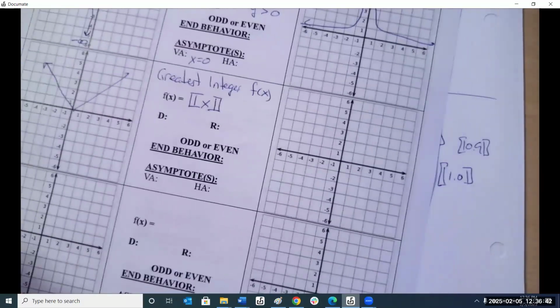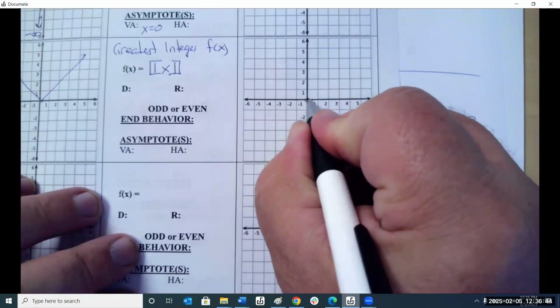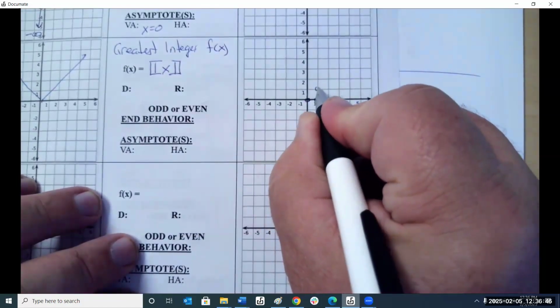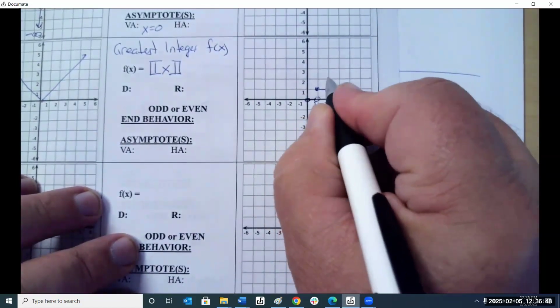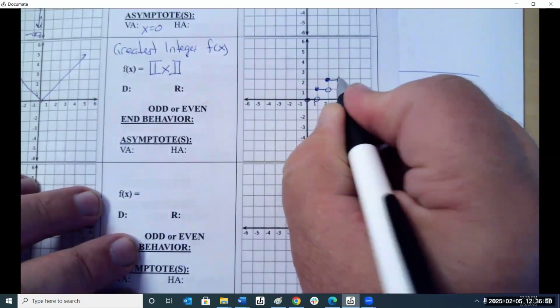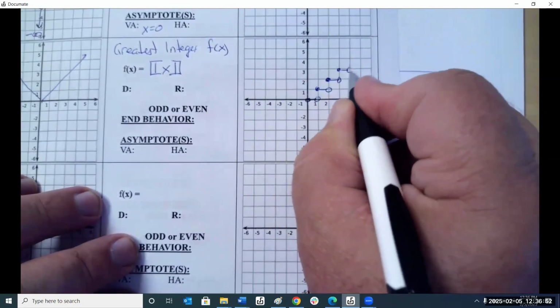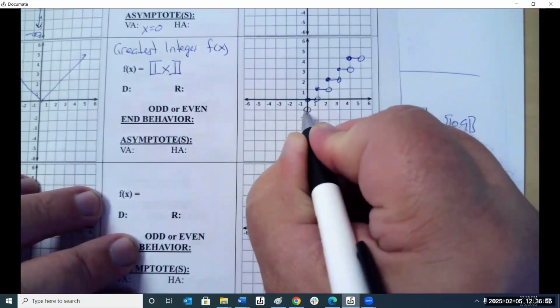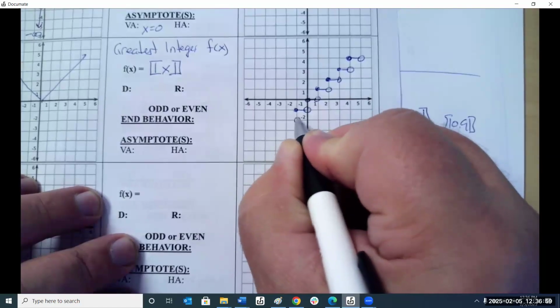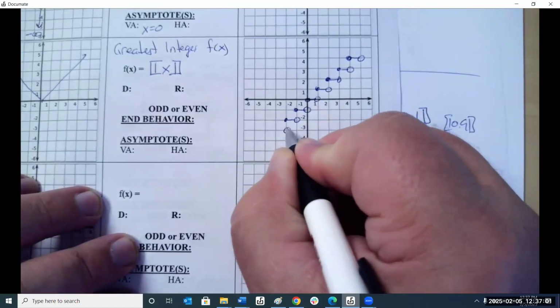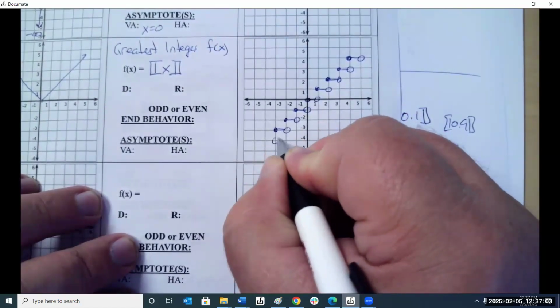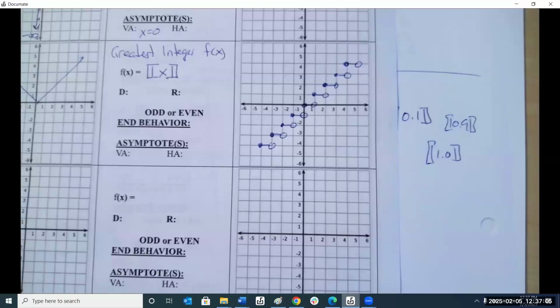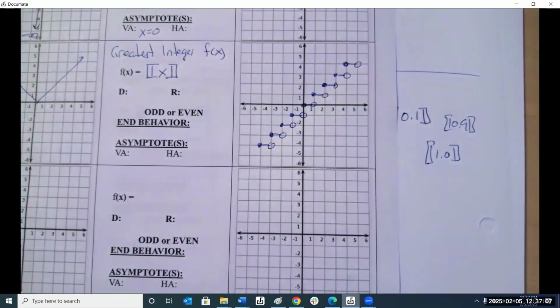Let me draw these graphs here. So it's 0 to open, 0 to open, 0 to open. So the greatest integer function just truncates the decimals.